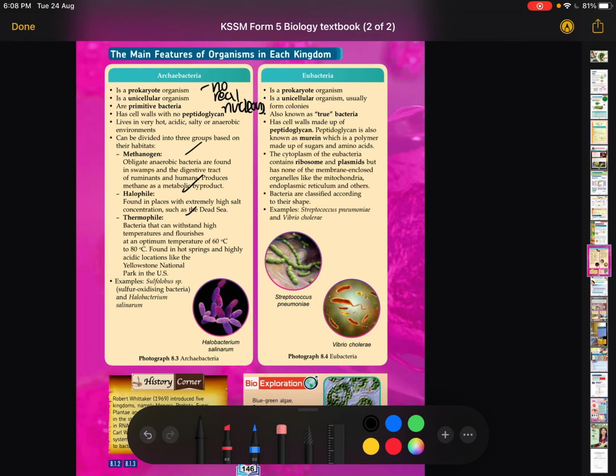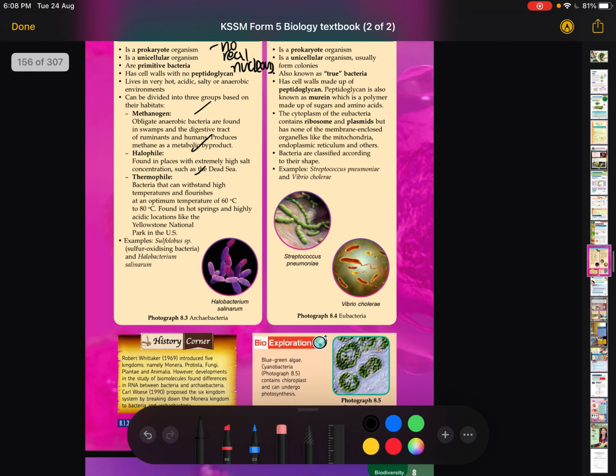They don't really need to depend on breathing that much, I guess. That's what it means by anaerobic bacteria. You don't really need to be exposed to oxygen that much. So they can survive in places where it's very hard to breathe, like swamps, because swamps are very muddy and full of a lot of impurities. And the digestive tract, that thing is disgusting as hell.